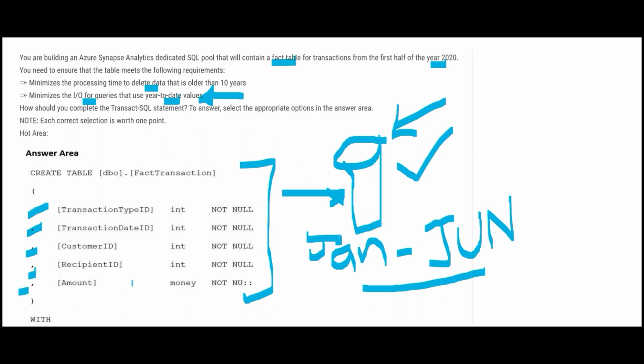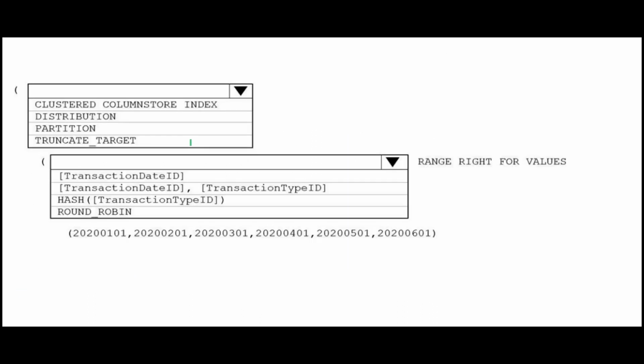This is a fact table. So the best option is to use partition, because if I have to delete data that is 10 years old, I can partition on transaction date and just drop that partition. I don't have to fire delete statements and delete each record. I can drop the partition. So this would be our final answer.